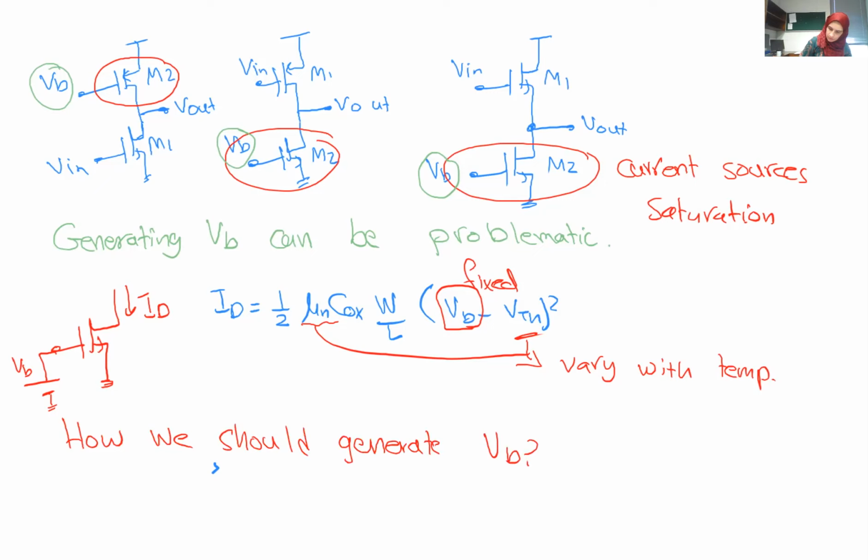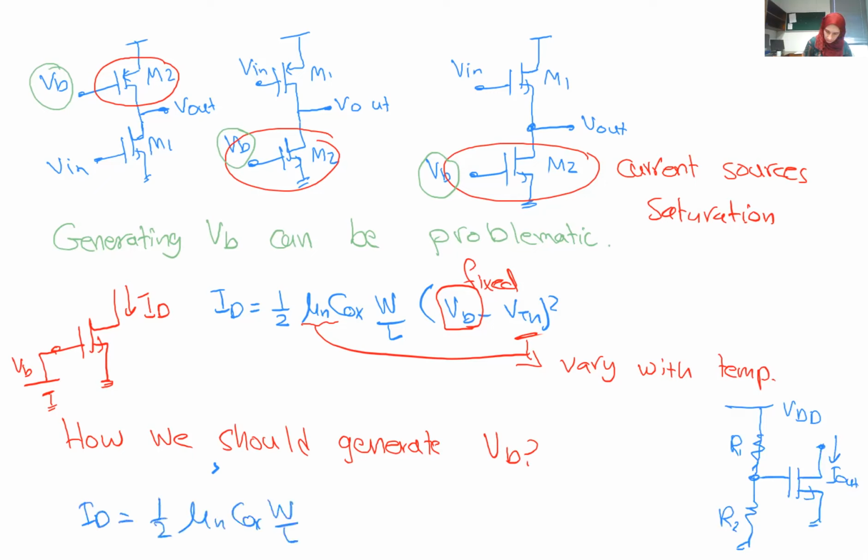So for example, if I have here VDD and here R1 and down R2, and from here I'm applying at the gate of the transistor, I out. Okay, so ID here again, half mu COX W over L.